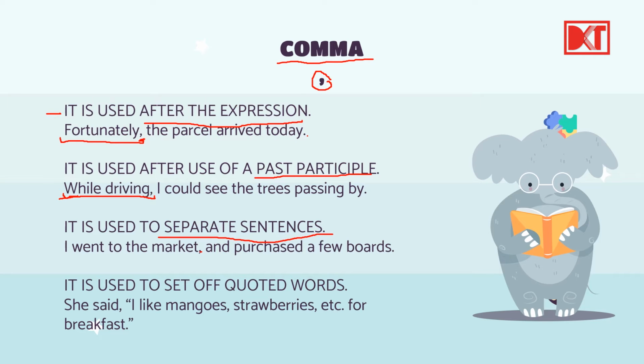Then after she said, we use a comma, and then give her quoted words. Alright, so when is a comma used? It is used after an expression. It is used after a past participle phrase. It is used to separate sentences. And it is used to set off quoted words. Alright, now let's move on to the next punctuation mark.